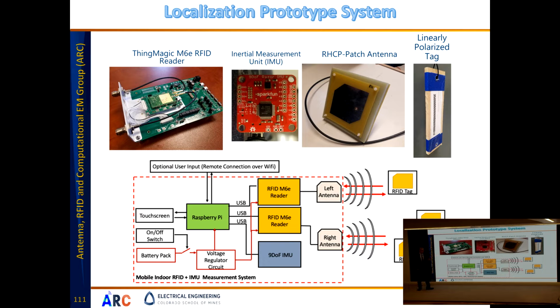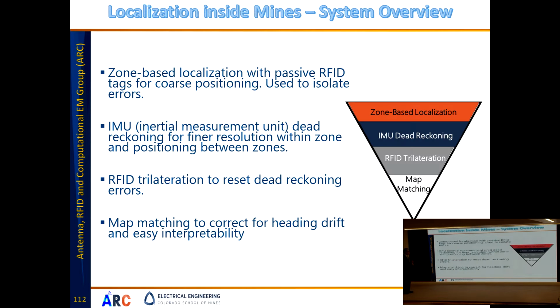So the localization system does not depend only on the RFID system, but also on the inertia IMU unit, and on another technique called map matching. In this system, you can see 2 antennas and 2 readers, because it was easy to put tags on each side of the mine and get the antennas to radiate on both sides and read the tags that they can read inside the mine.